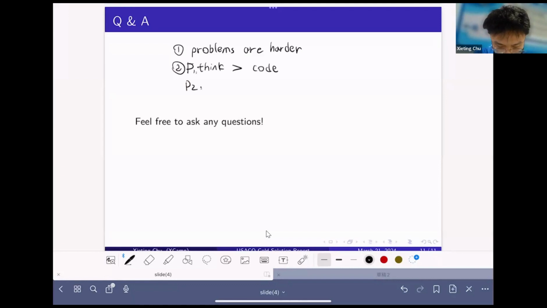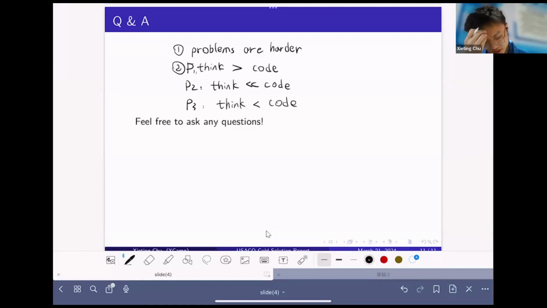And in problem three, the thinking is a little less than the coding, but they are somehow close. You can see that in recent years, USACO is more and more concentrated on the coding task.